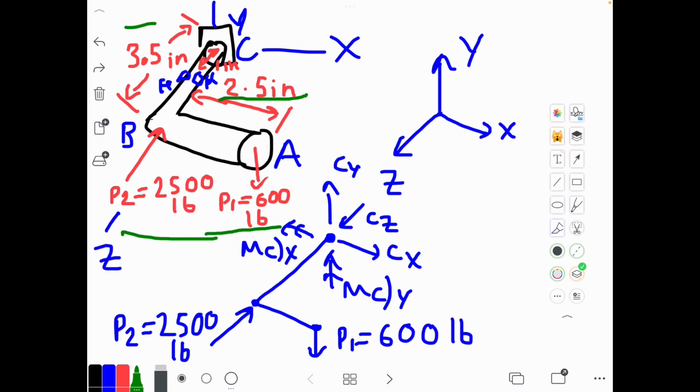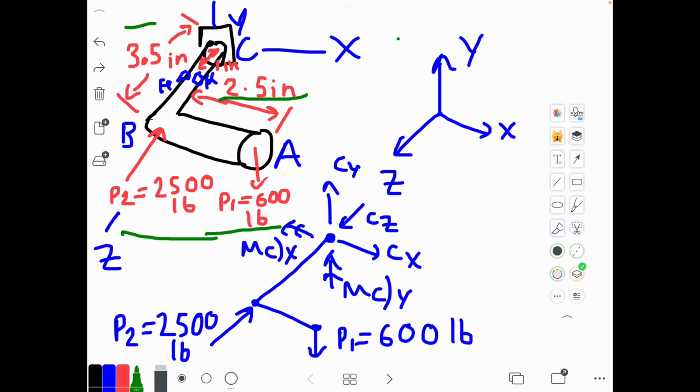Given all these circumstances, they want us, in 5 parts, to find the forces and the moments, and to find the principal and shear stress values that we need using Mohr's circle all the way towards the end.